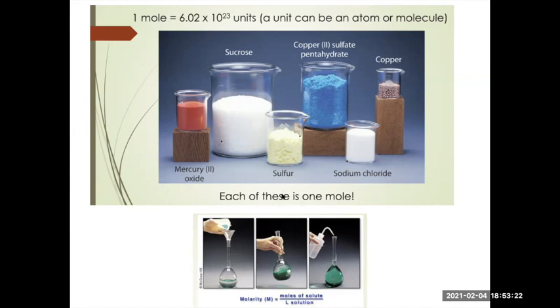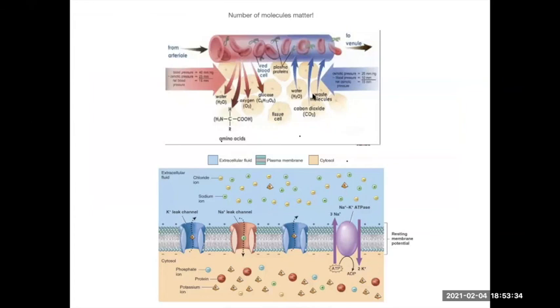Right? So this is a different way, because sometimes it's really more important to know about the number of molecules in a solution. So this comes into play with that whole colloid osmotic pressure. Right over here, the number of actual particles is going to be the factor in whether diffusion happens one way or another, right?